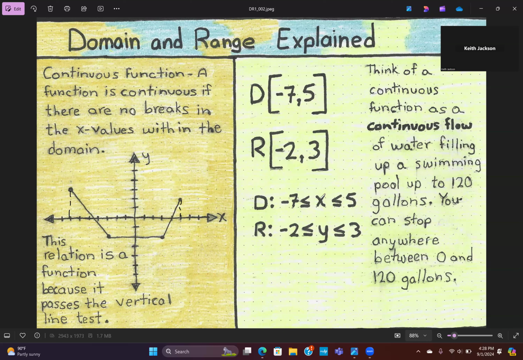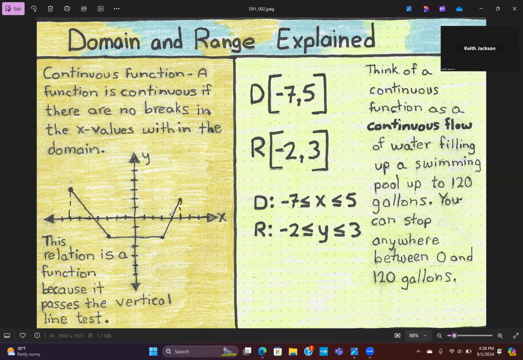X is in the middle of it, can be anywhere between, or it can be -7, or it can be +5, which can be read like this. X can be less than or equal to 5, while at the same time greater than or equal to -7. That is our domain values, which are our x values right here.